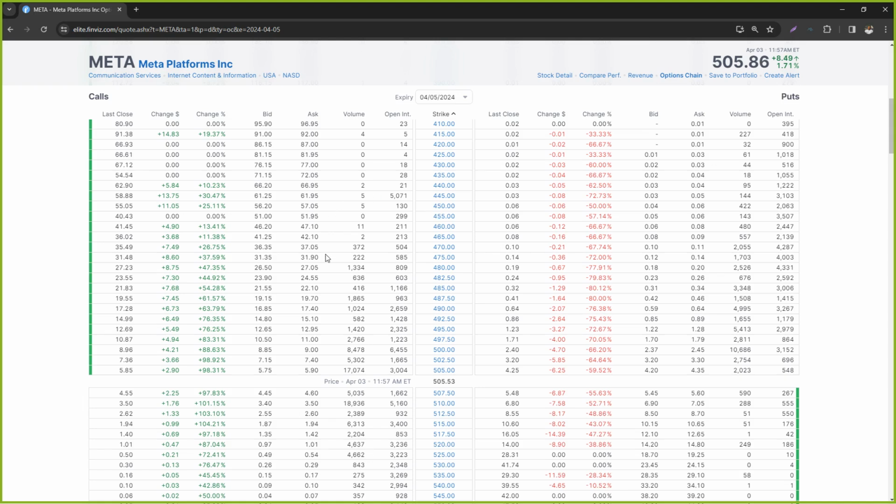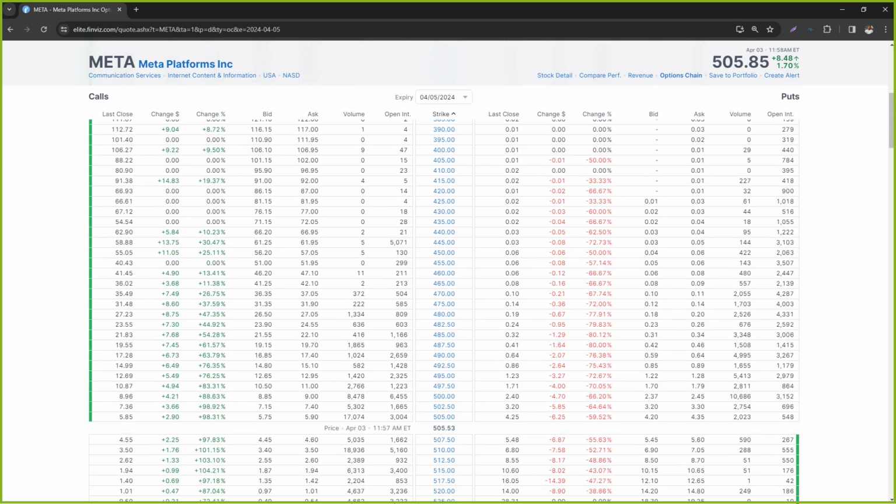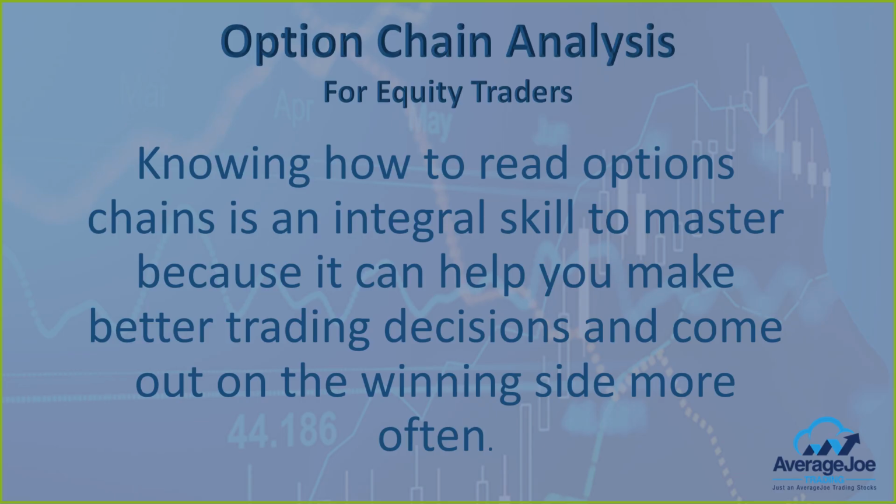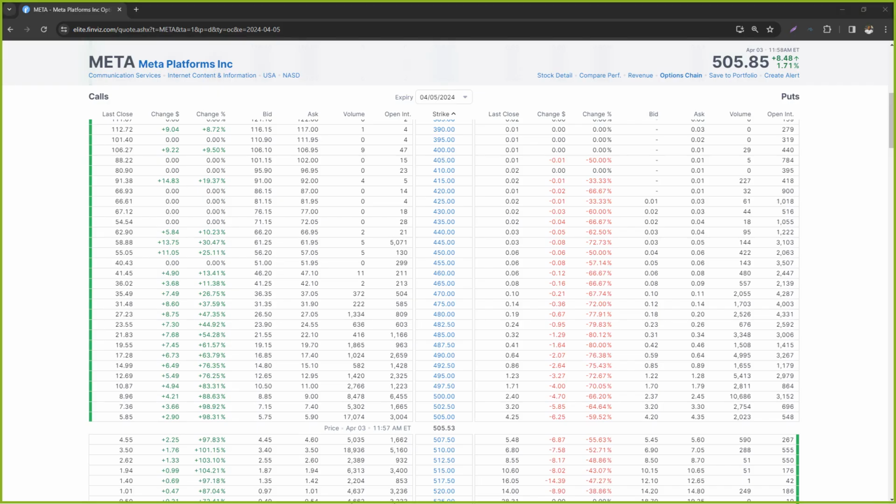So what was I looking at on Meta this morning? Meta opened right at $499.